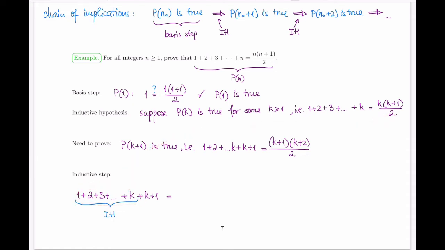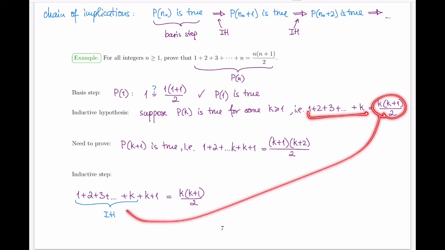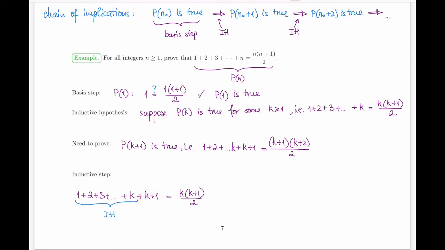So I can sub that in for the formula. So 1 plus 2 plus all the way up to k is k(k+1)/2 as per the inductive hypothesis, right? So I've just subbed that in for 1 plus all the way up to k. And then, of course, I have my leftover k plus 1.